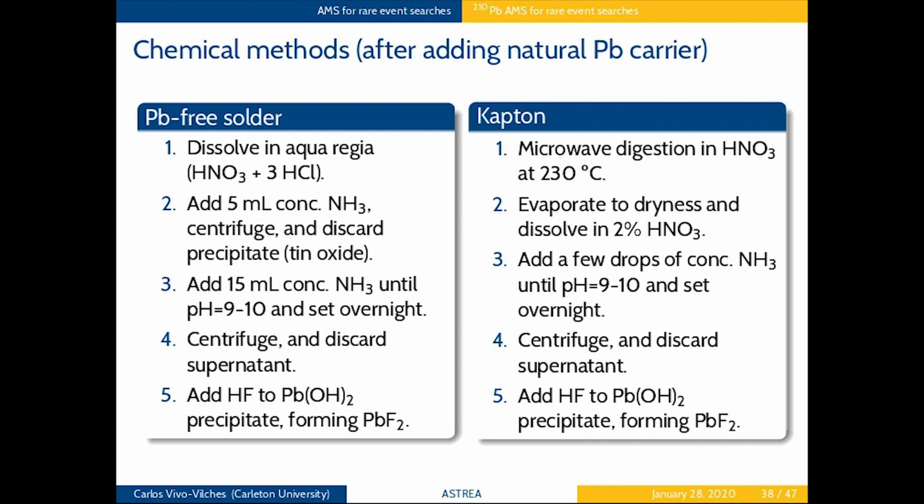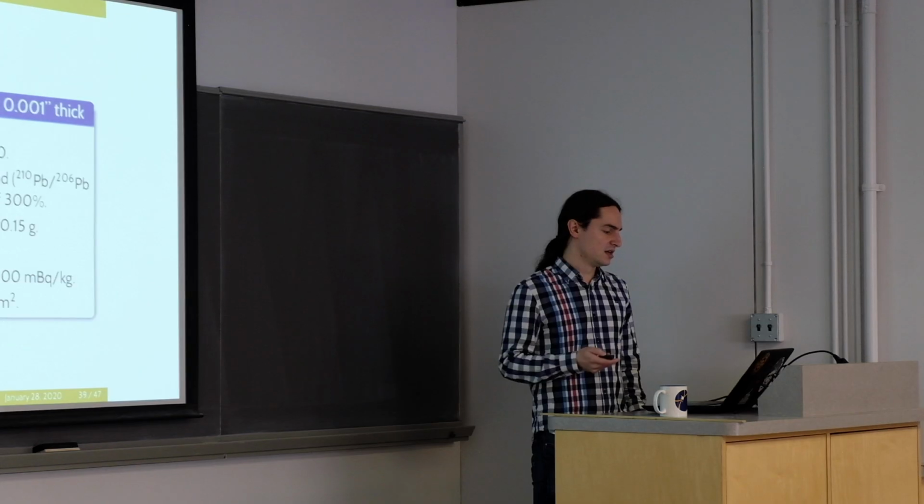We don't know why, but we don't care. So what we did is just add a step where we evaporate the sample to dryness and then redissolve the solid in dilute acid, and then we have a proper precipitation of the hydroxide and then the formation of the lead fluoride that we need.